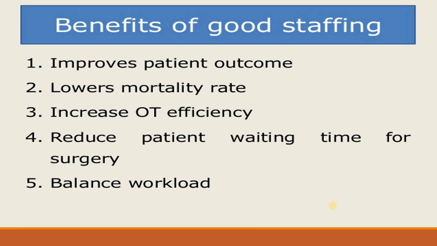Next one is benefits of good staffing. First one is improved patient outcome. When the patient's condition and disease condition improve, that time the patient outcome also improves. Next one is lower mortality rate. Maintain patient and staff safety. Next, increase the OT efficiency.